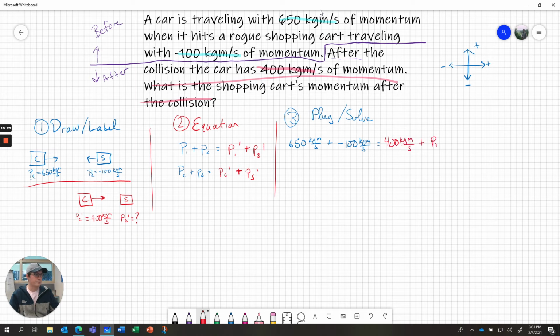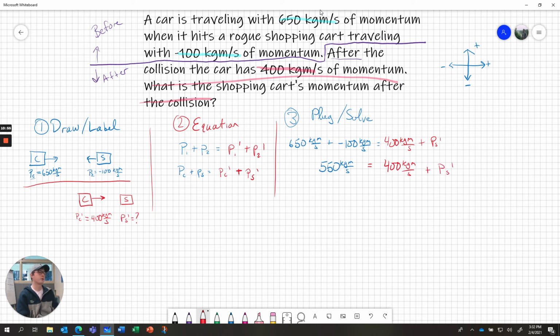Okay. The first thing I want to do is simplify the left side of the equation. I can add these two together. I don't have to do anything fancy. 650 minus 100 is 550 kgm over s. And then I'm just going to bring down the right side of the equation as well. Nothing changed over here, but the problem's a little bit simpler to tackle if you simplify.